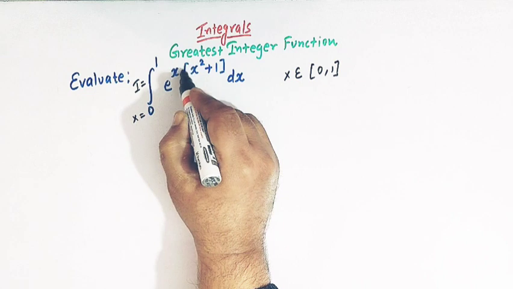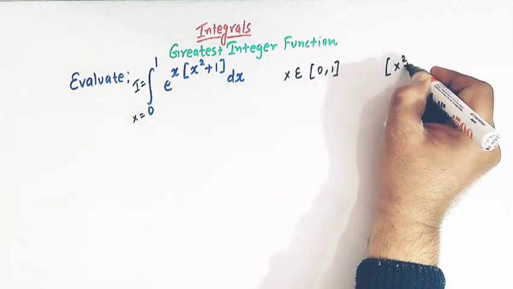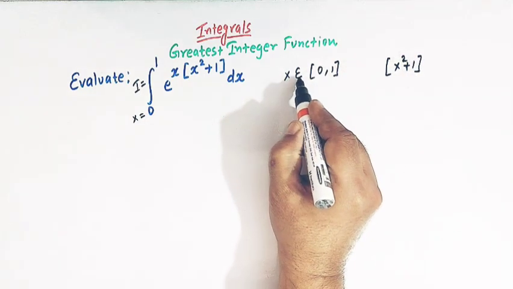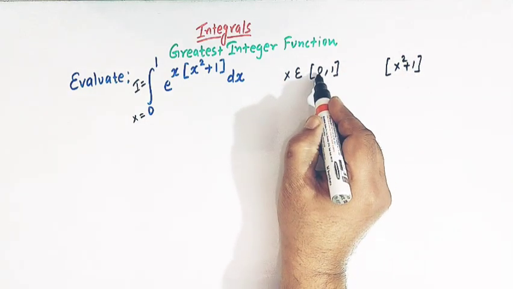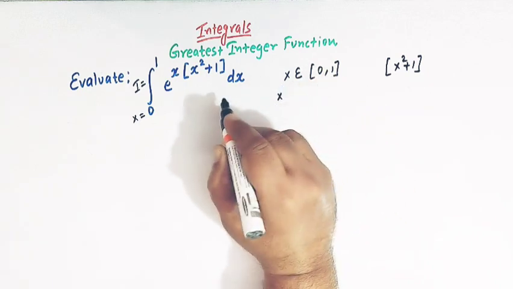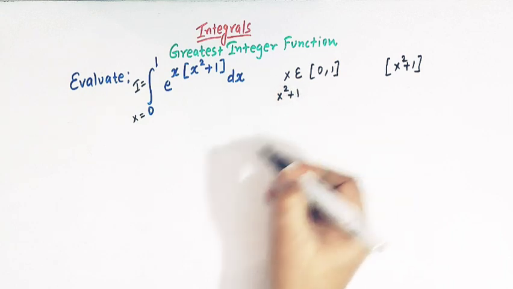Now see, here we have the greatest integer of x square plus 1. When x belongs to the interval 0 to 1, let us see the interval in which x square plus 1 varies.